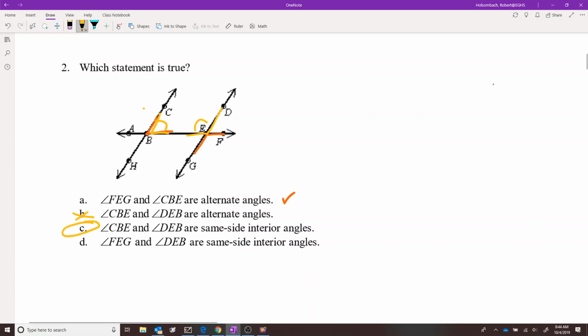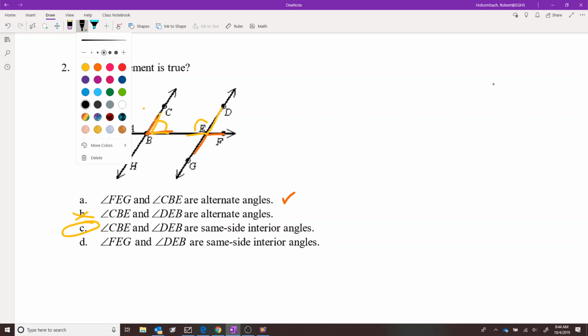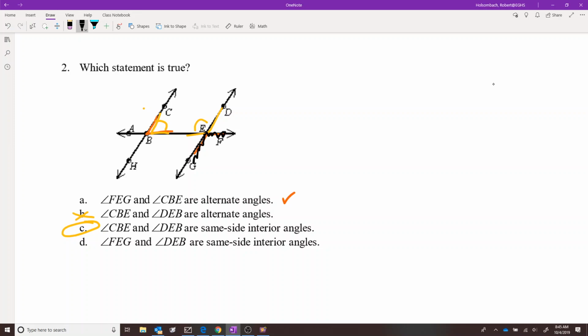And this last one says that FEG is right here, and DEB, that these two are same side interior, and that's not true. All right, so your best answer here is answer C. CBE and DEB are same side interiors.